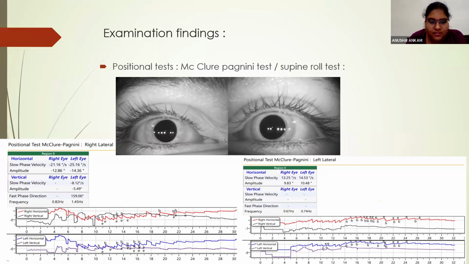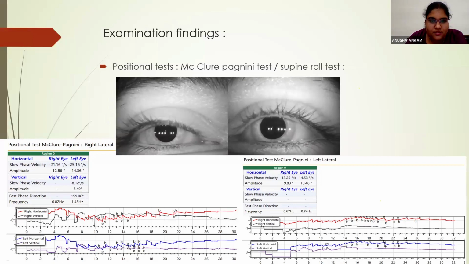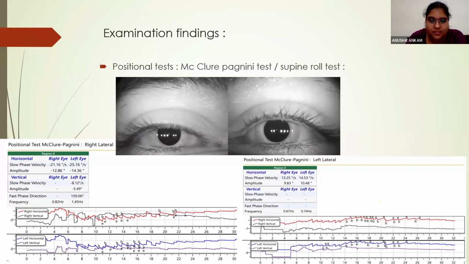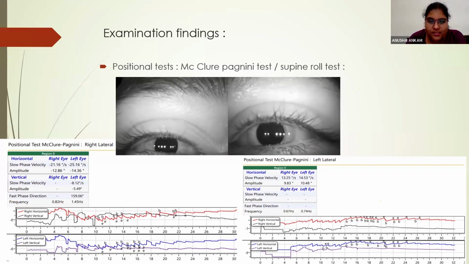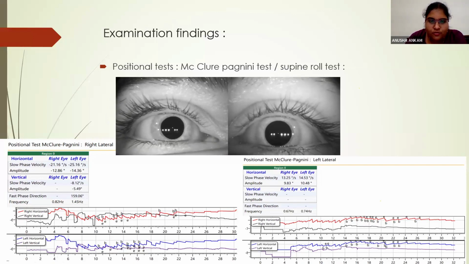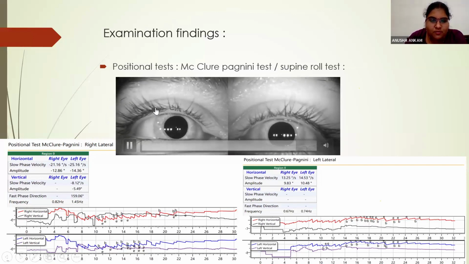While doing the test, the patient is feeling both sides equally symptomatic, and she is not able to tell which is more intense. And while observing the nystagmus, both sides are almost equal.